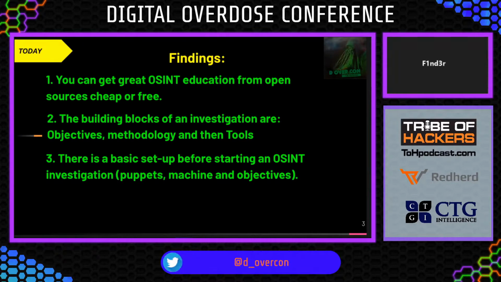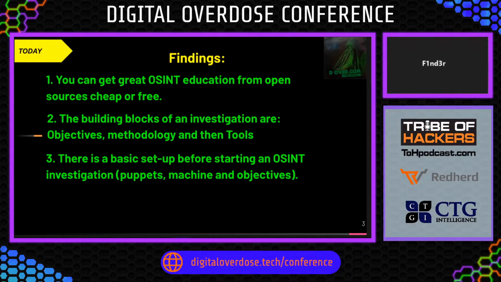So for today, I wanted to think how to summarize what we're going to do together, and I put it in the structure of the findings in the OSINT report. Findings is part of the OSINT report that you probably will end up building at some point in your career. These are the three findings that I want to share with you today. The first one is you can get great OSINT education from open sources, either cheap or free.